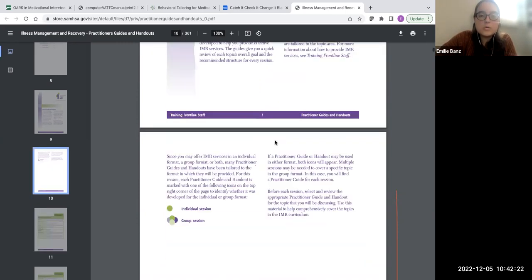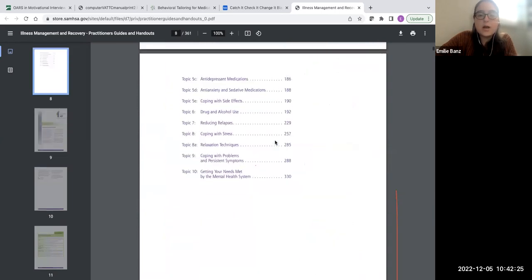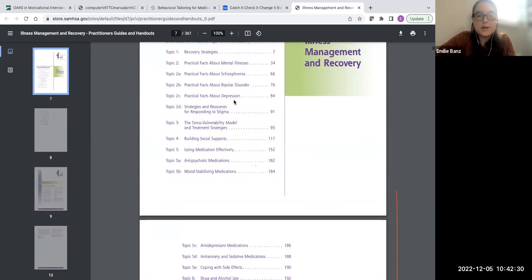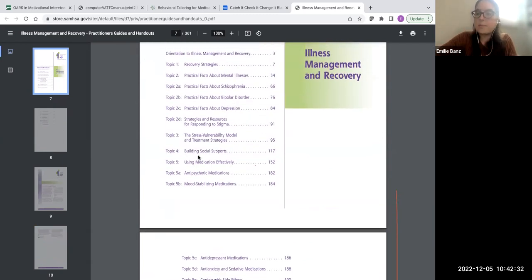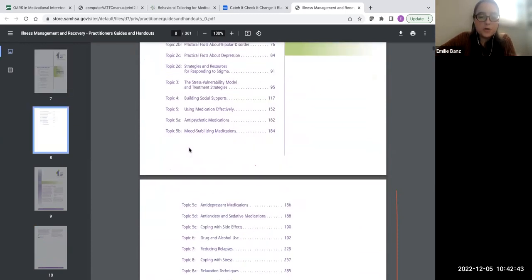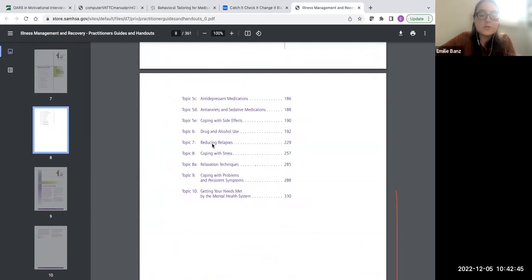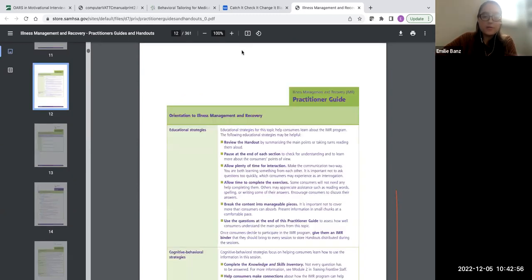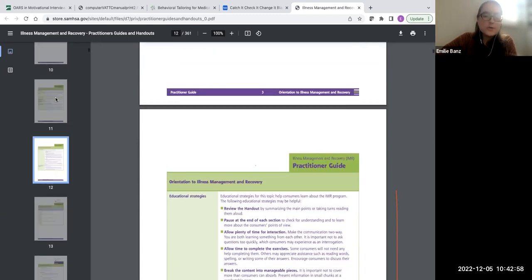Depending on the person's goals, you can focus on any one of these topics without doing a previous topic. You could start at topic 4 around building social supports if that's what the person is working on. If the person has a heavy emphasis on medication, you could start at number 5. If the person is looking at reducing relapses, you can start with that, and you could just use one of these modules. The other thing that I think is really helpful about illness management and recovery is it tells you exactly what to do.